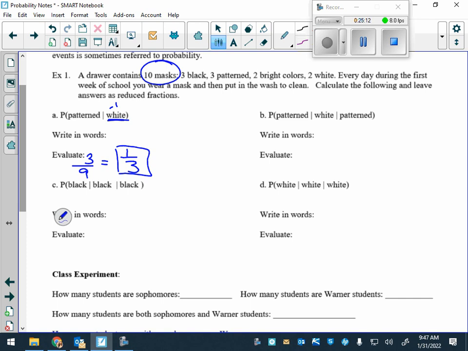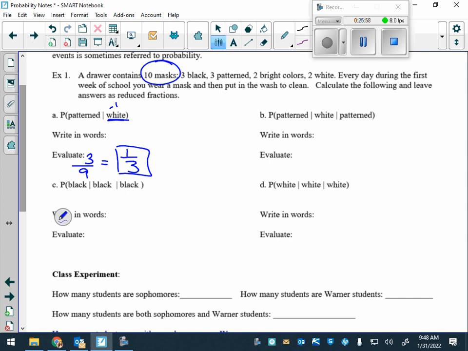I want you to jot that down in words: probability of selecting a pattern mask, given that you have already selected a white and a patterned mask.